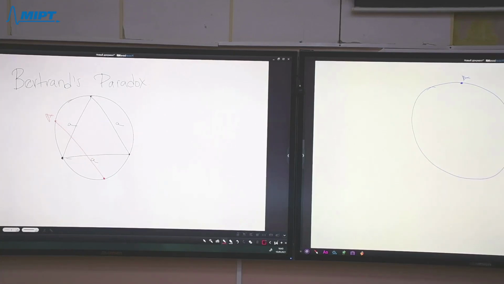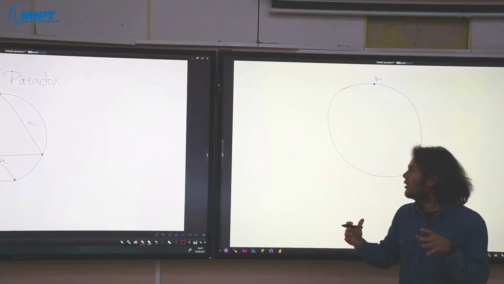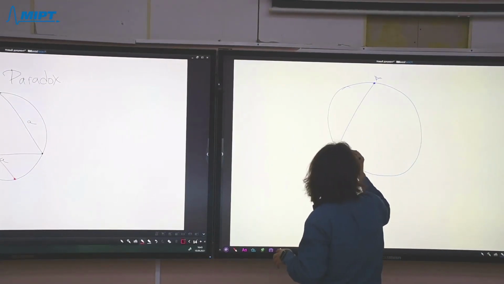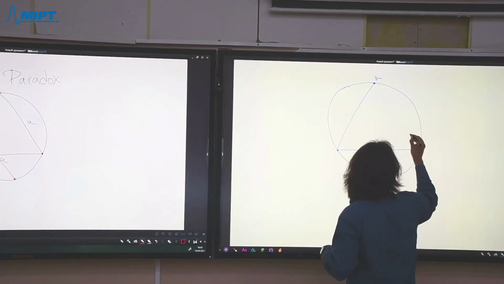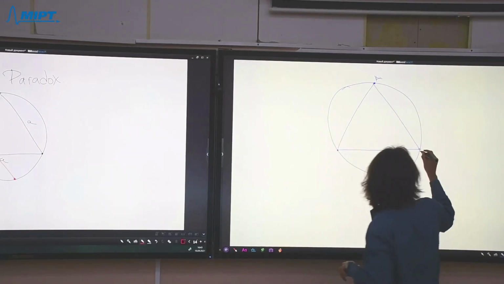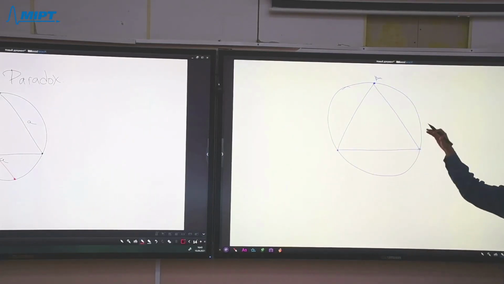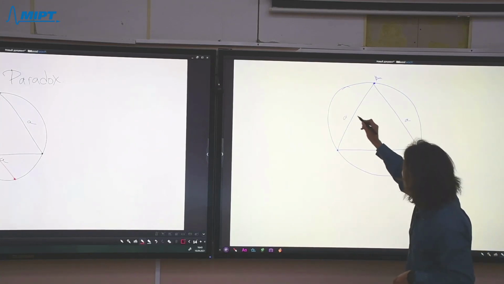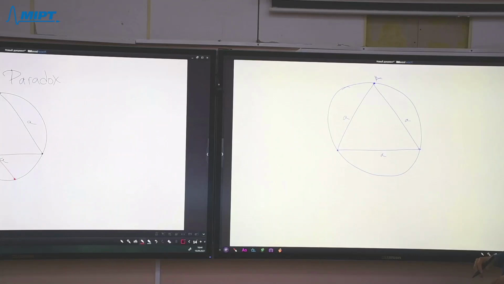And now we have to pick randomly B. Let's draw this triangle again. In which case is the chord going to be greater?